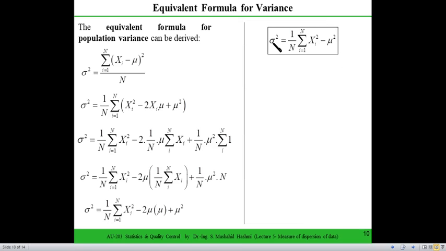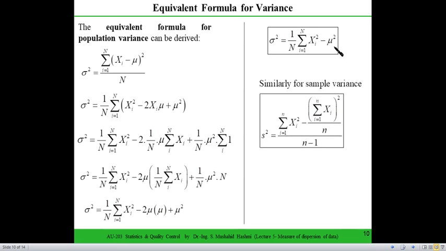Because in order to calculate the variance, which is the spread of the data, you must have knowledge of the central tendency of the data, where mu represents the mean of the population, which is actually the central tendency of the data. So this becomes an alternative formula for population variance.